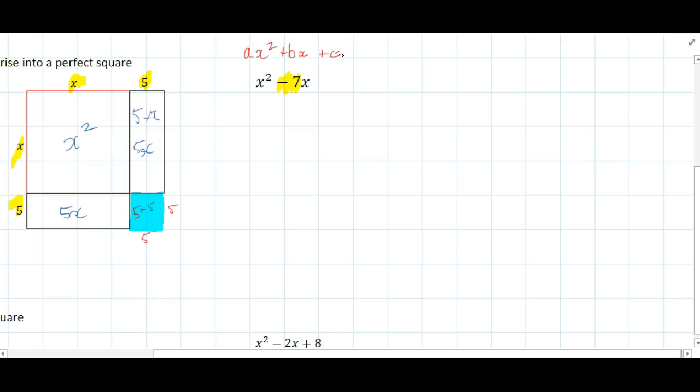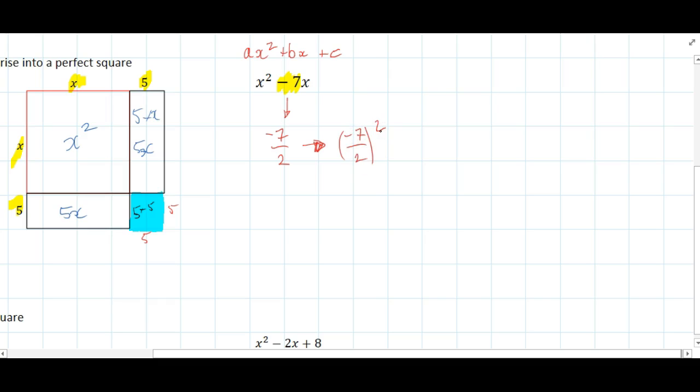In this form, b is -7. So to complete the square, we need to divide this -7 by 2, and to get c, which is the bit we have to add on, we square it.